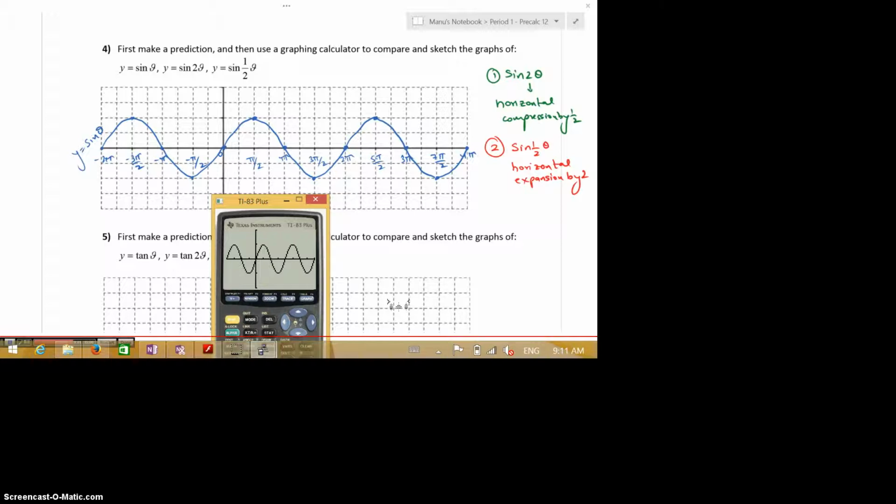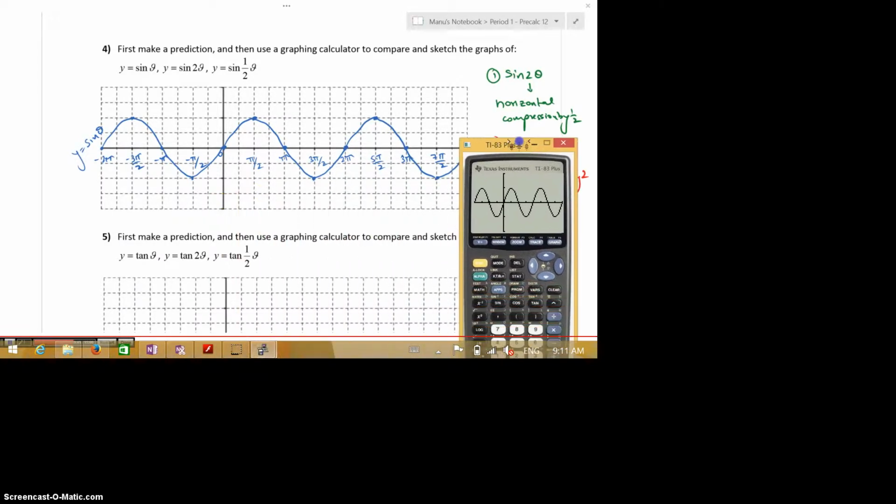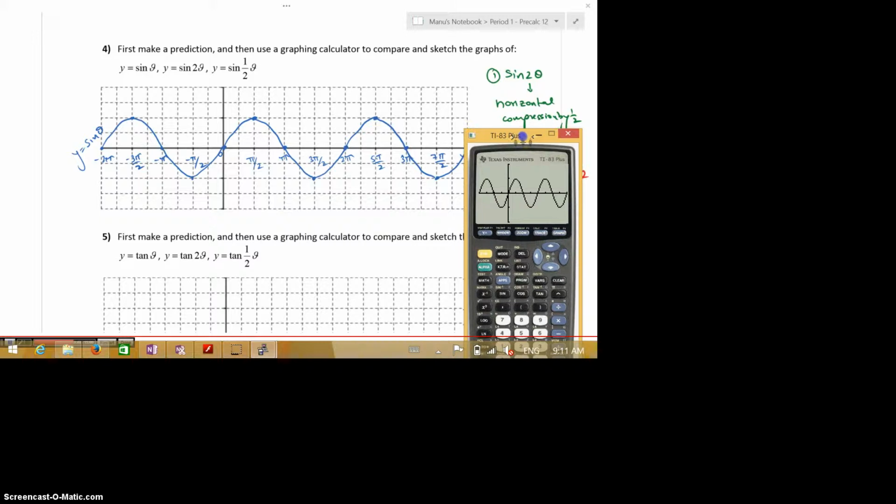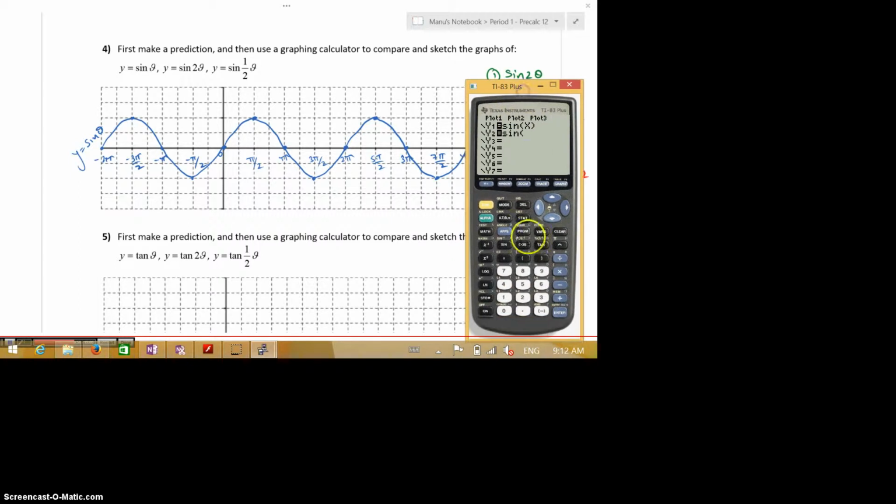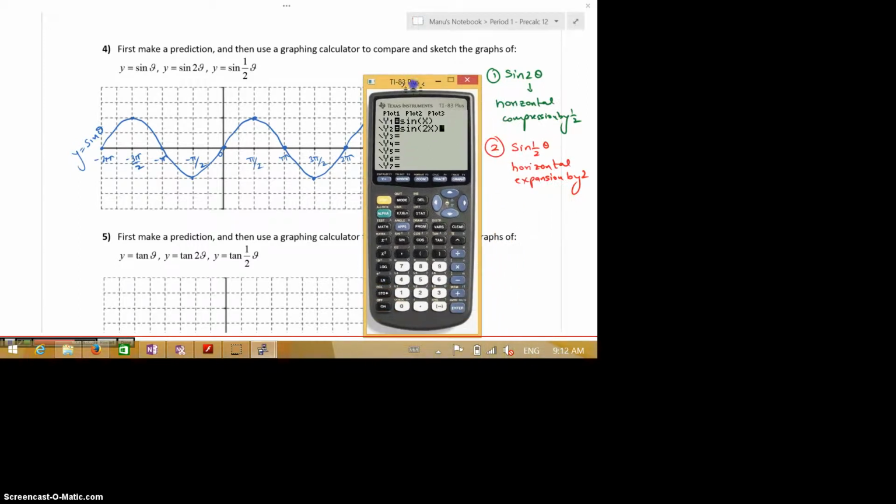Okay, time to look at the different transformations. Y equals sine of 2 theta, which means y equals sine of 2x. We had said that the graph is going to be horizontally compressed by 1/2.